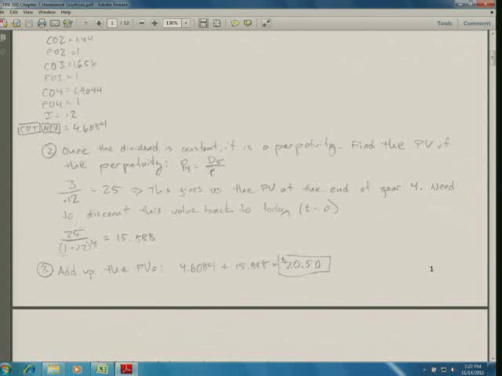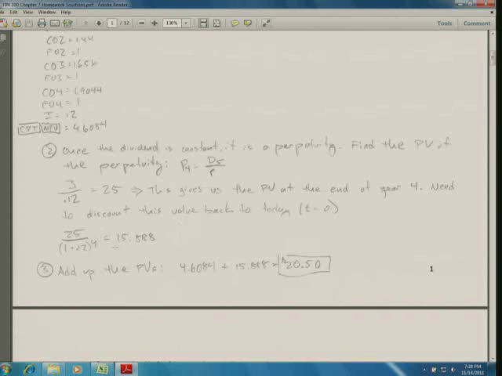Or I find it a little bit quicker just to use the formula at this point since we're familiar with it rather than punching all that into the calculator. But whichever way you're more comfortable with, you'll come up with the same answer. So you take the 25 divided by 1 plus 0.12 raised to the 4, and you'll find that's 15.888. That's now the present value at time period 0 of those dividends that we expect to receive.